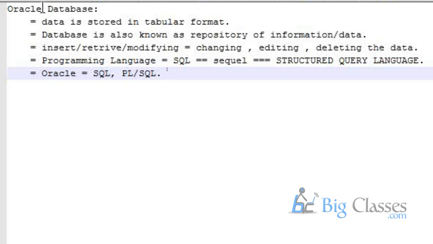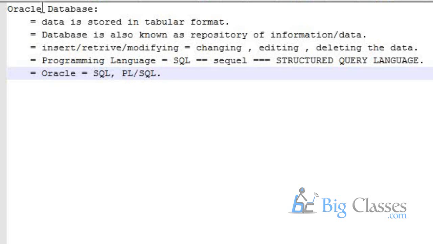PL/SQL is applying programming language concepts to this SQL. That is an extension to SQL, an enhancement to SQL. As programming language concepts are added to SQL, writing programs which will manipulate the data present in the database becomes easier.